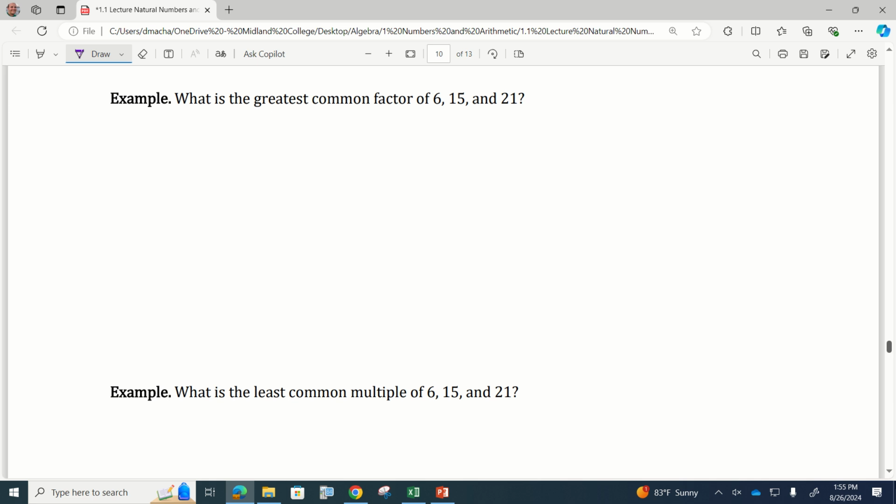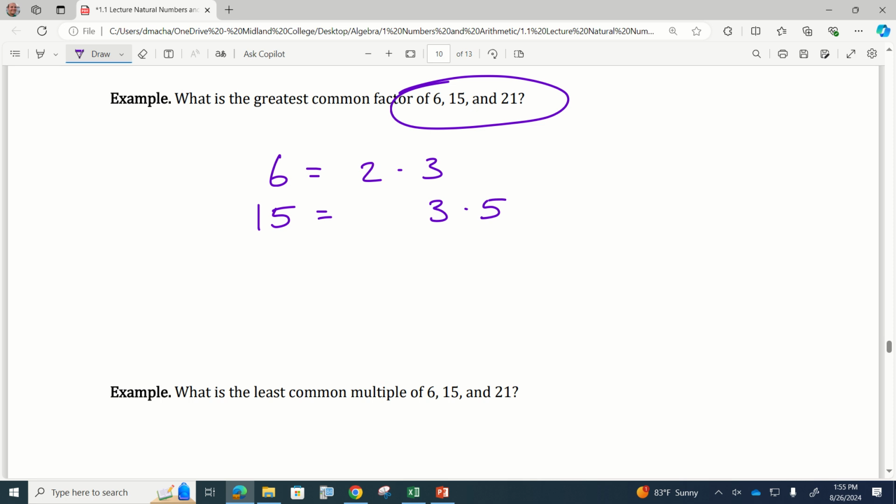So you can do this with 3 numbers as well as just 2 numbers. Like if I ask you about 6, 15, and 21, 6 has a prime factorization 2 times 3. 15 has a prime factorization 3 times 5. And 21 has a prime factorization 3 times 7. So again, when I find the greatest common factor, I'm looking for the smallest exponents.